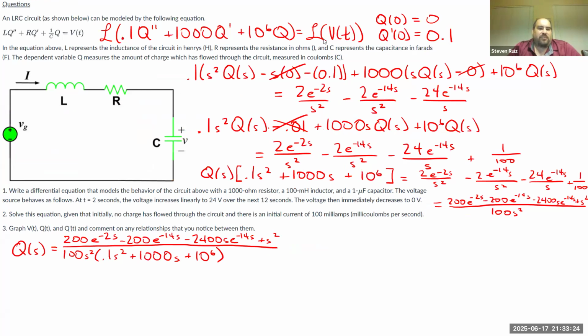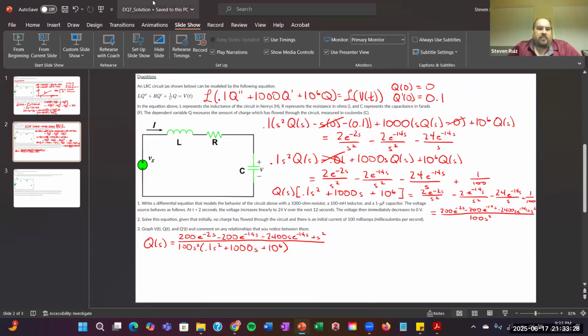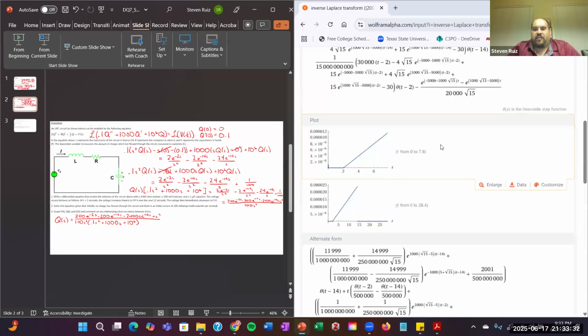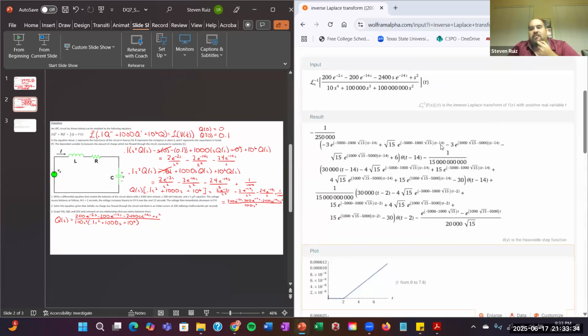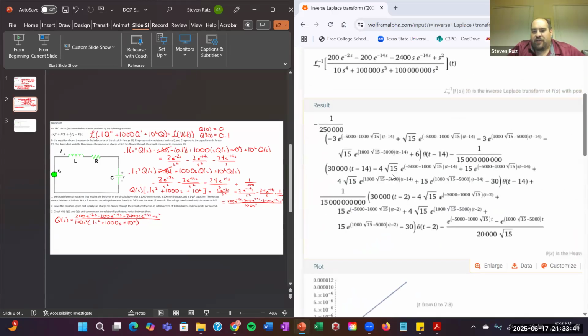I'm totally happy if we instead take it to Wolfram, which I have done here. So here's the result. So yeah, there are better uses of our time than finding this very involved time domain function.